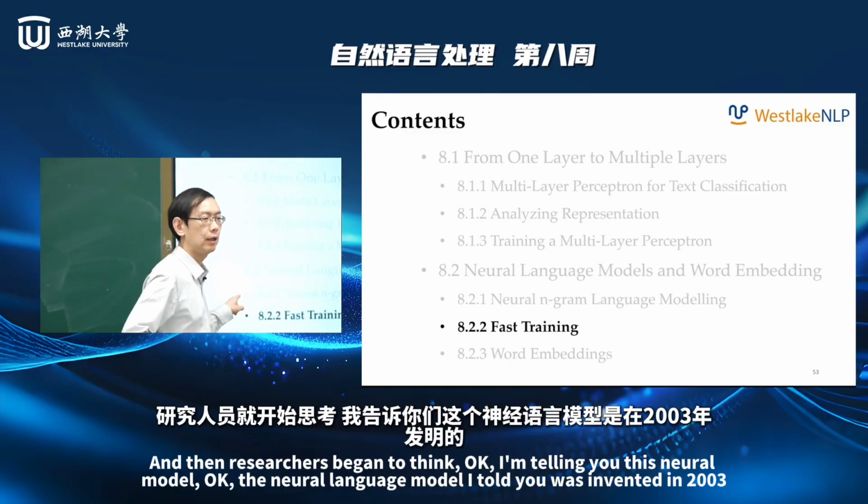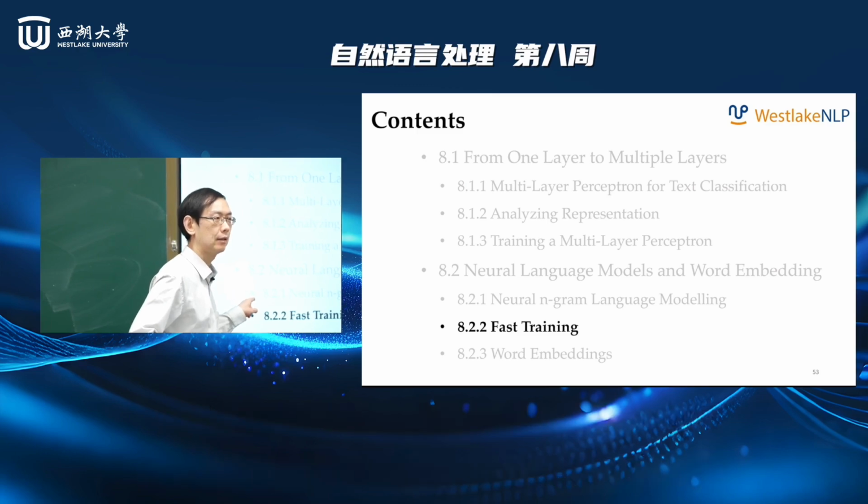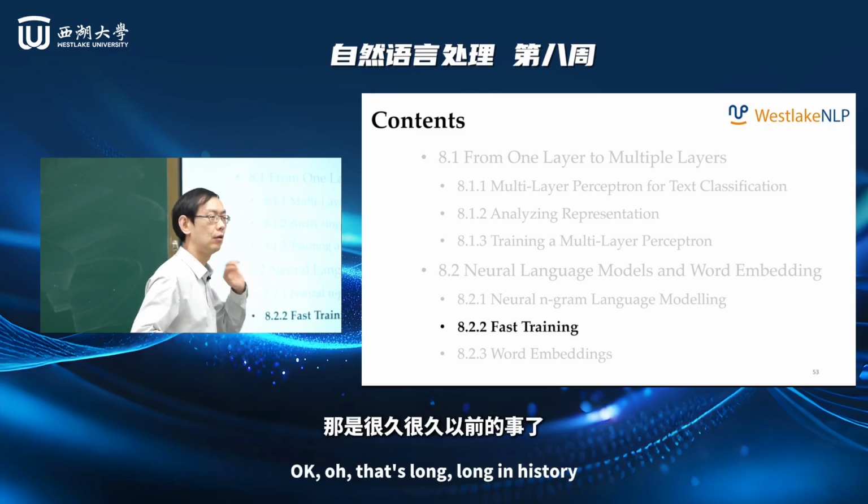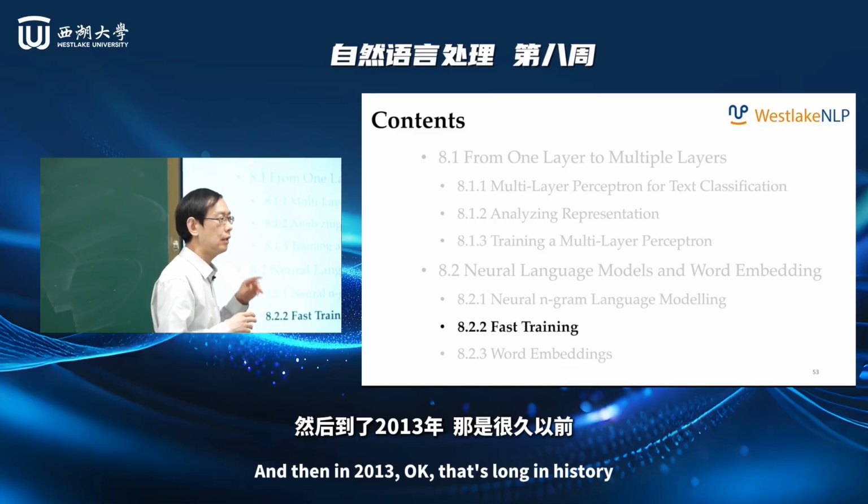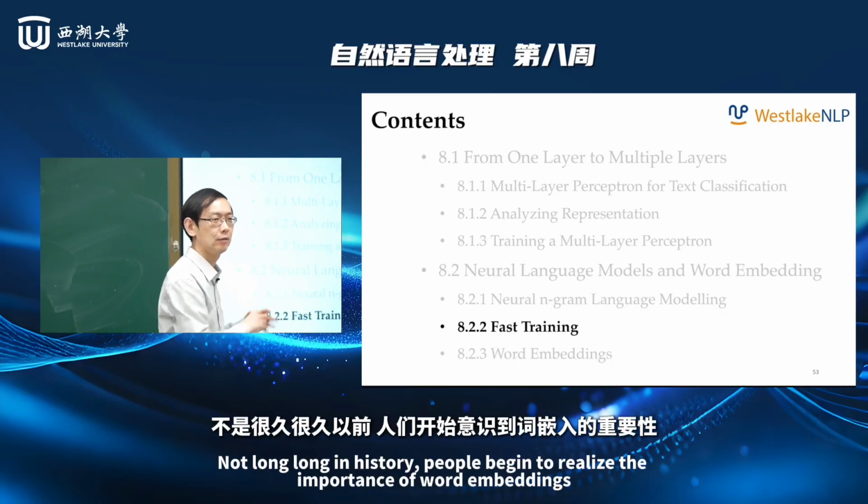The neural language model I told you about was invented in 2003. Oh, that's long in history. And then in 2013, people began to realize the importance of word embeddings.